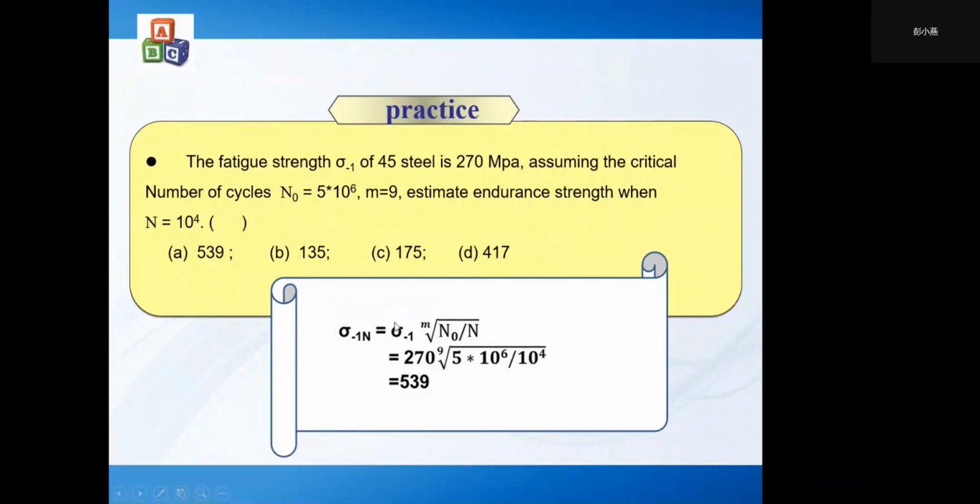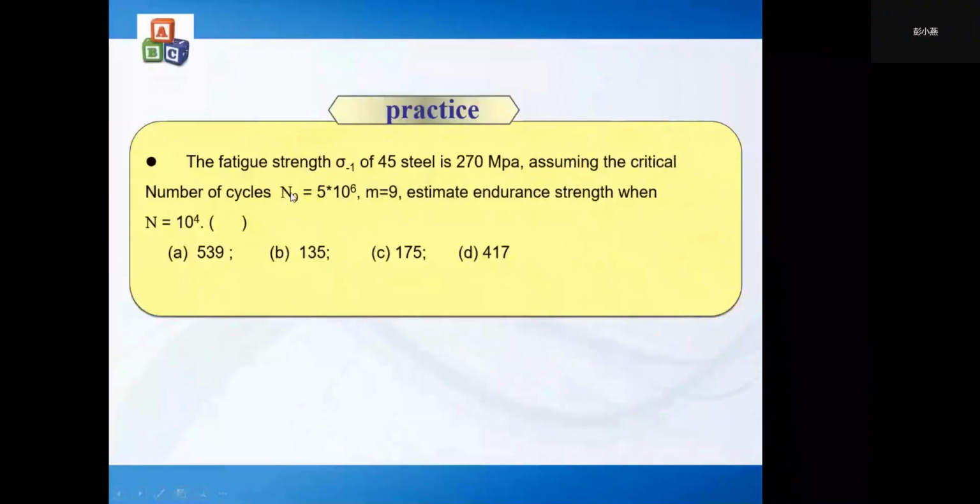Use this to calculate sigma minus 1n. So we know that if the number of cycles changes, the endurance strength will change.